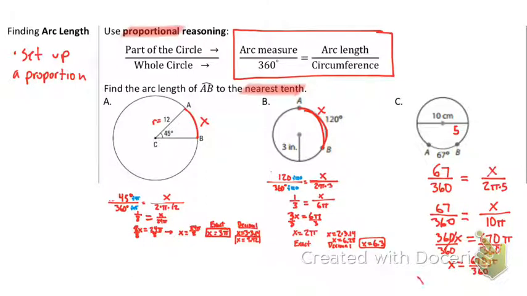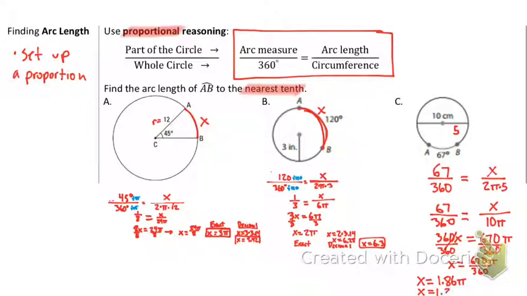All right, so we're going to go x equals, and let's do this division here. 670 divided by 360. Okay, we get approximately 1.86, and then bring down the pi. And now we have to multiply out the pi to turn it into decimal form.